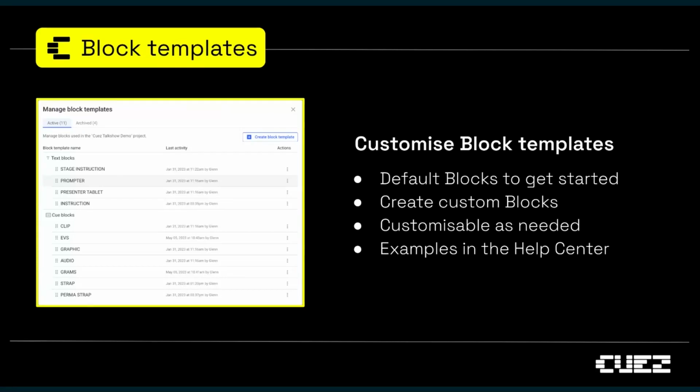So the blocks that you use to add presentation text, clips, graphics, lower thirds, things like that. You will always start with a couple default blocks, which you can then start customizing. Or you can create your own custom block templates that you can then fill up with all of the specific fields that you need. And I will also show you that we have a couple of examples in our help center to, again, help you get started or to give you some inspiration to then create your own custom blocks from there.